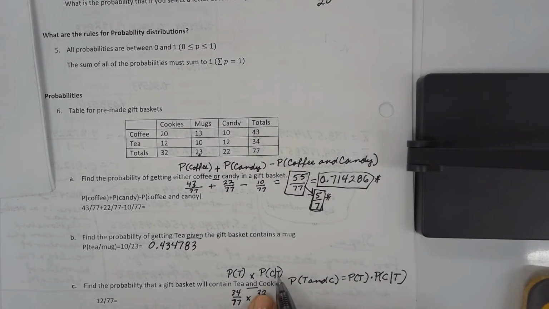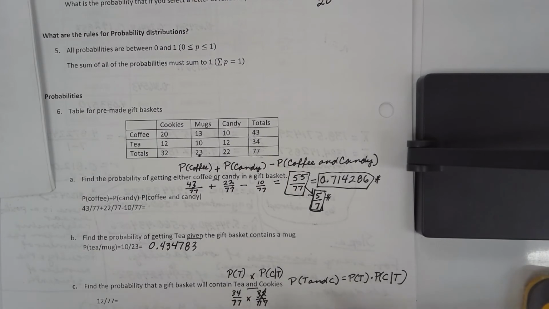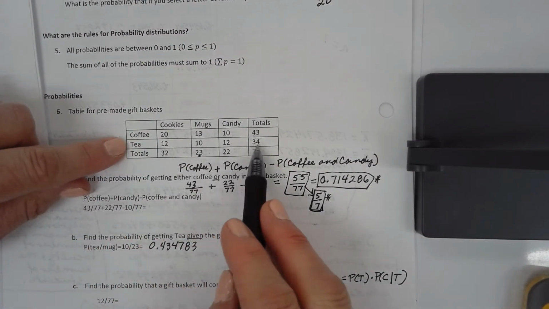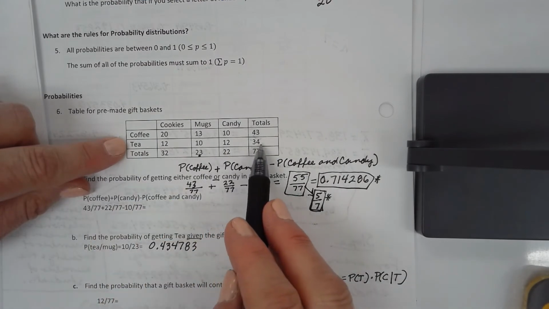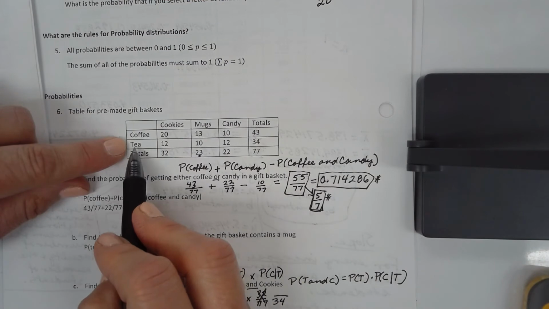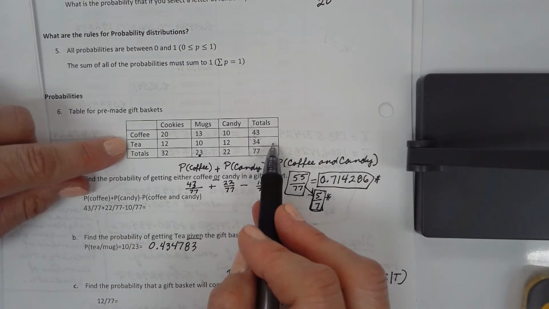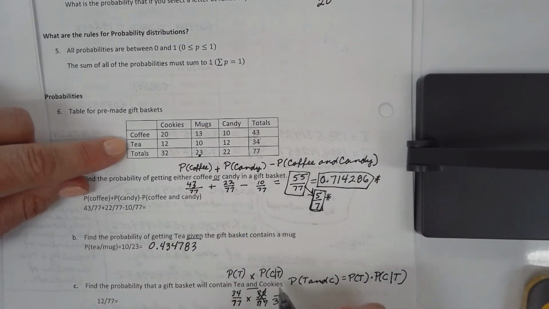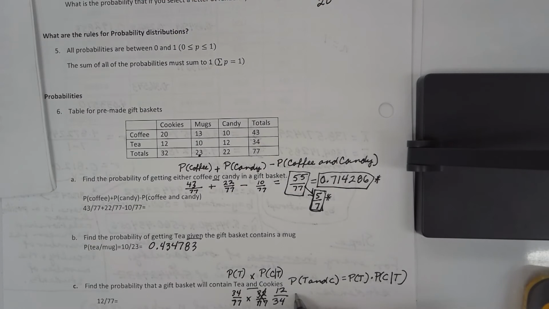So this one, given that we have tea, what is the row of tea? What's our new total? 34. And then how many out of that row of tea, how many have cookies in it? 12.